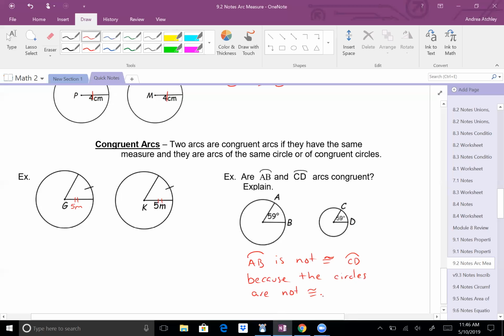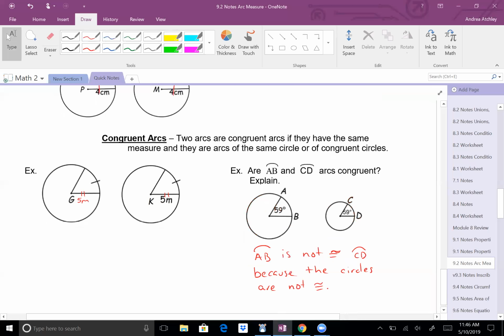So they have to have both. Congruent circles can be the same circle, because the same circle can be congruent to itself. And the arcs have to have the same measure. So it needs both of those. Any questions over that? Okay, 9.2 homework.